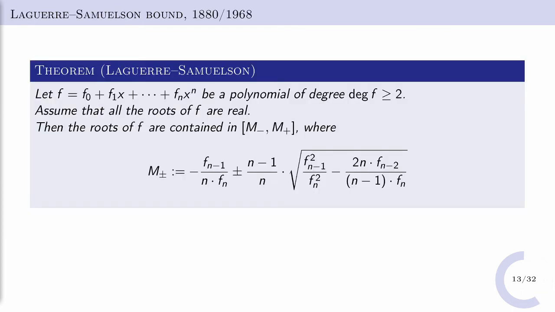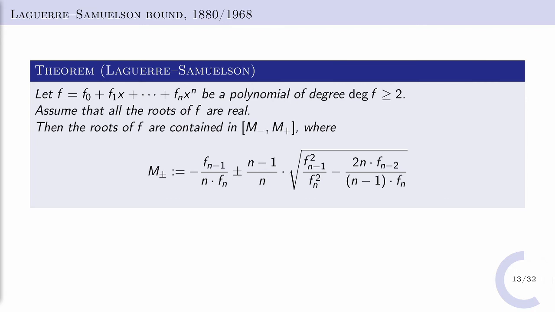Finally, let me present one more bound for real roots of polynomials, which is the Laguerre-Samuelson theorem. If you look at the dates, you can clearly see that these two could not possibly have worked together.